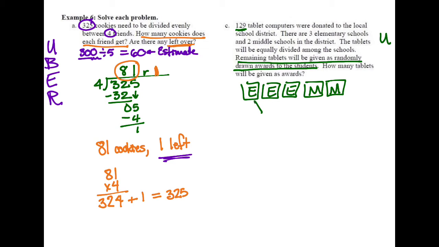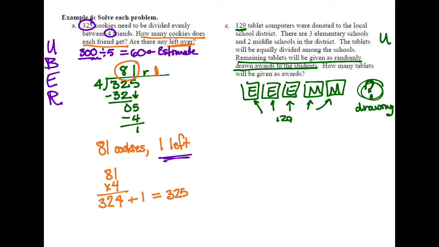So we're going to divide the 129 evenly, and the leftovers will be given away as a drawing. So the question is, how many tablets will be given as awards? This is what we're looking for over here. This is the extras.